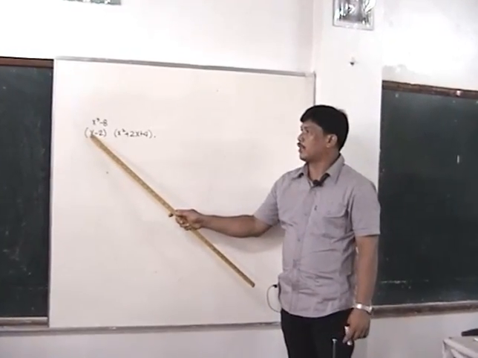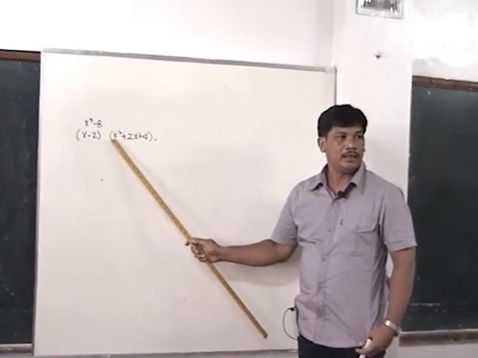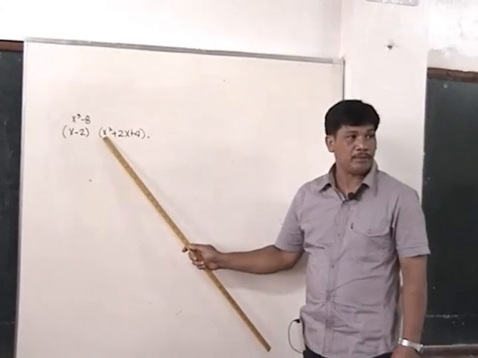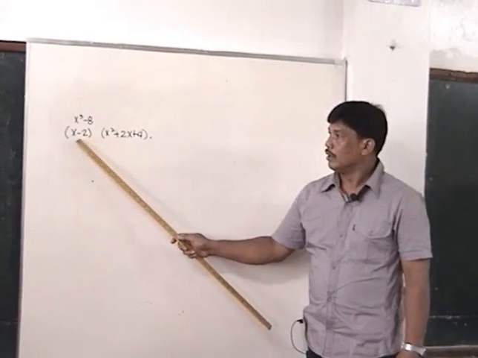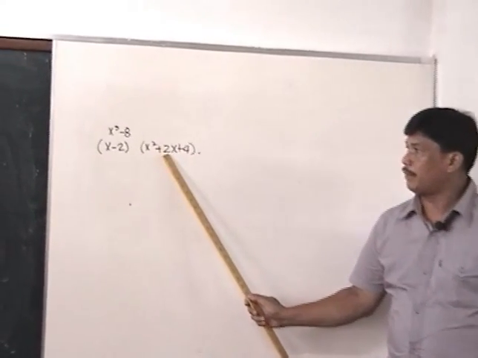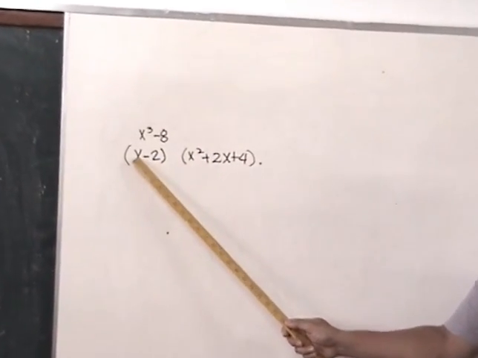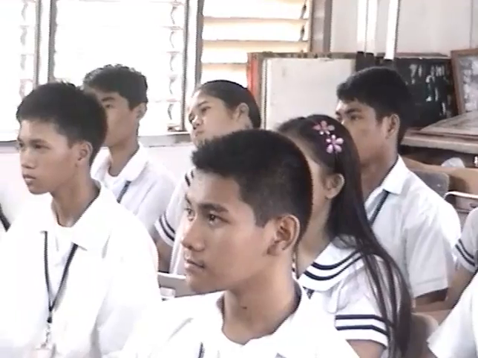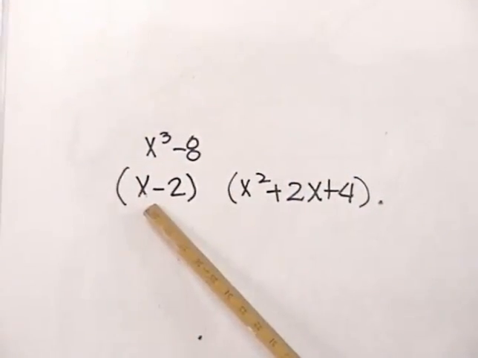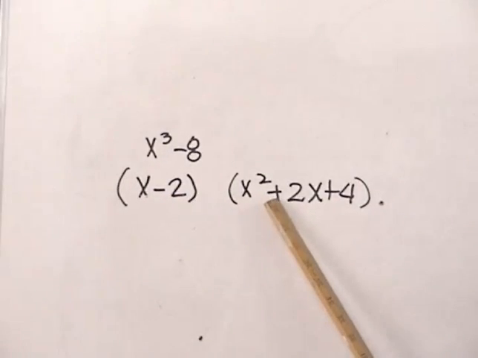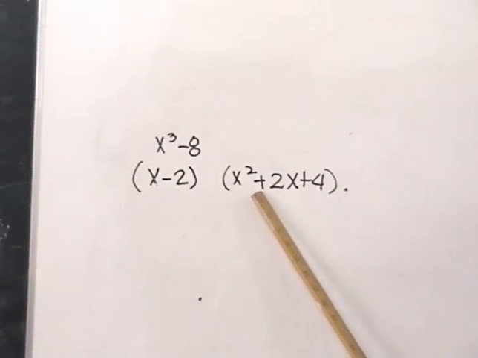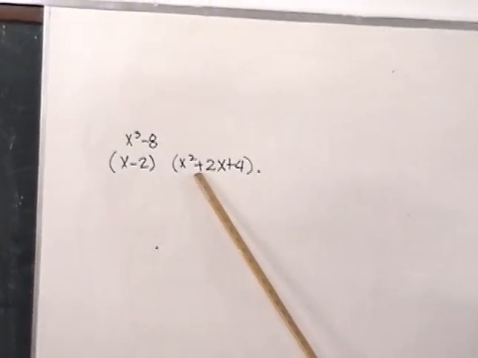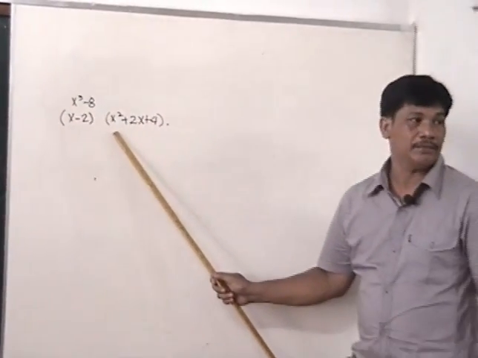You square the first term, and that should be the first term of the trinomial factor. The second term of the trinomial factor comes from the product of the two terms of the binomial factor, and you take the opposite sign. What do I mean by this? If your binomial factor is negative, the sign of the middle term of your trinomial factor must be positive.